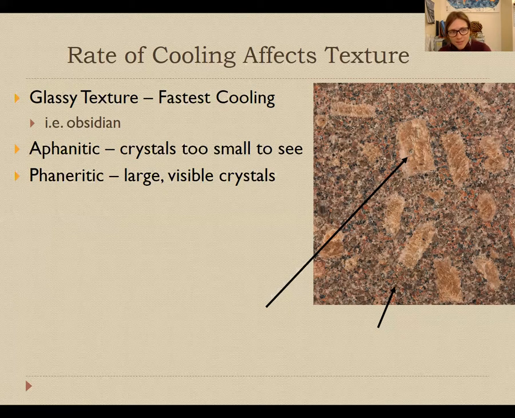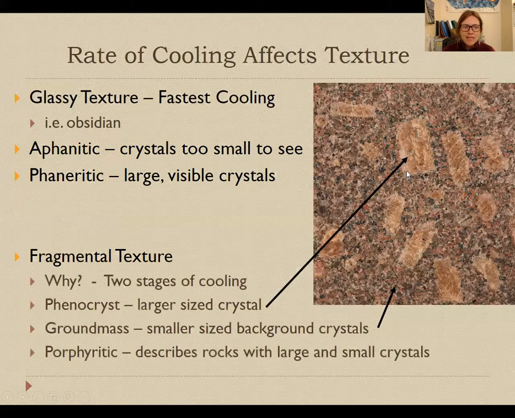On the other end of the spectrum, a lot of these intrusive igneous rocks are what we call phaneritic, which means that they have large visible crystals. And in this case, this particular intrusive igneous rock has mineral crystals that vary pretty distinctly in size. And so this is called having a fragmental texture, or it's called porphyry, or a rock that's porphyritic.